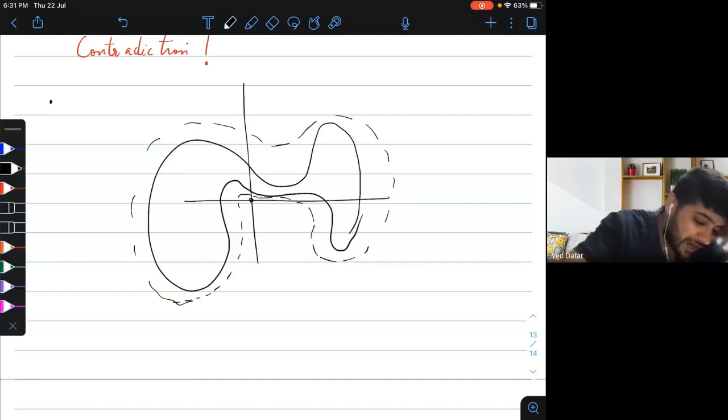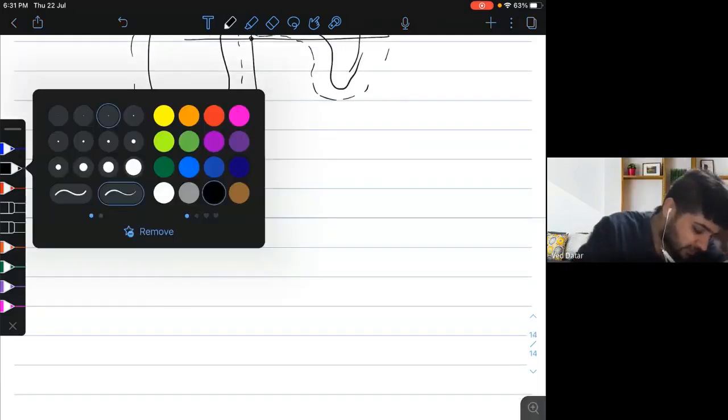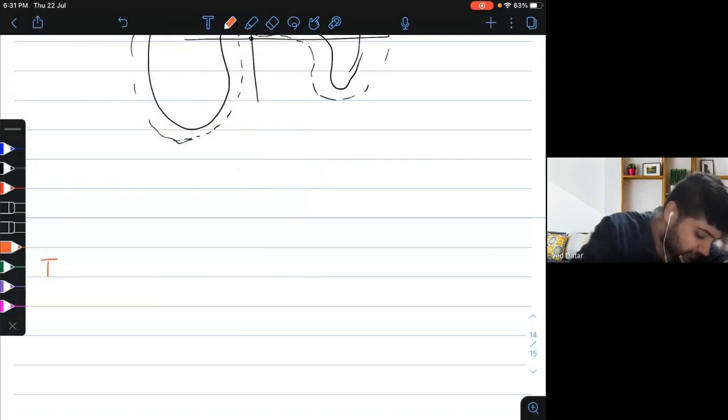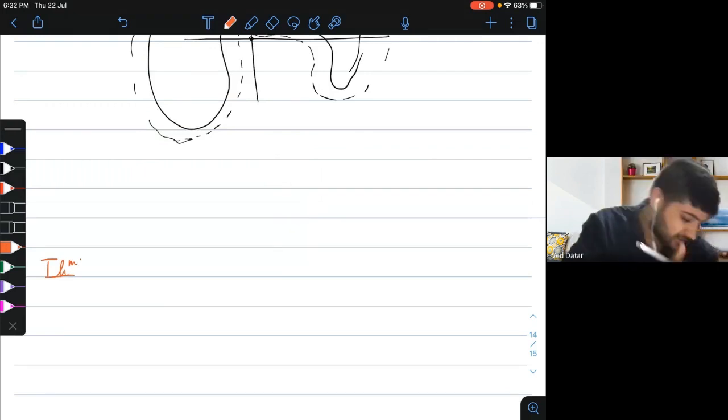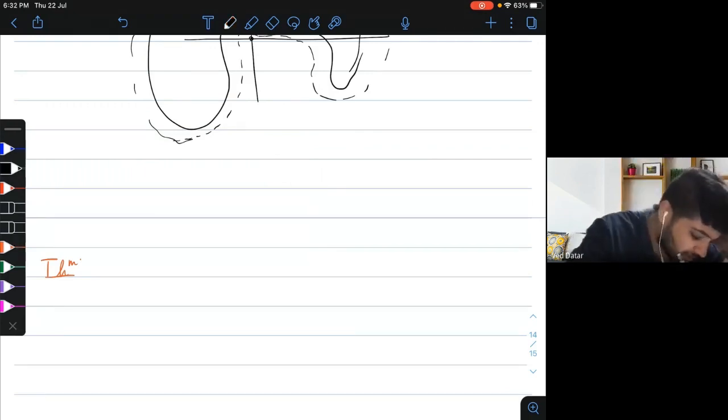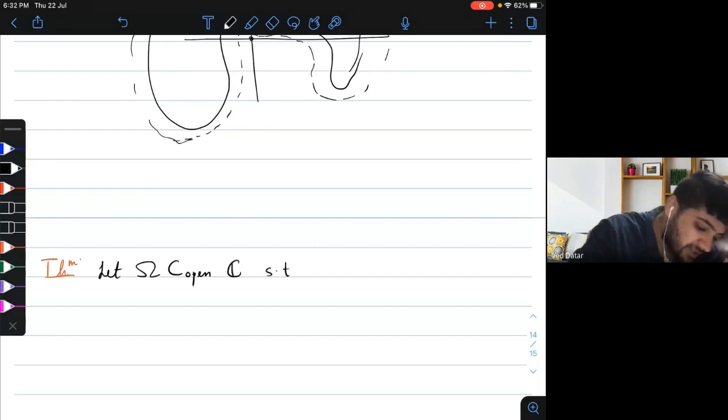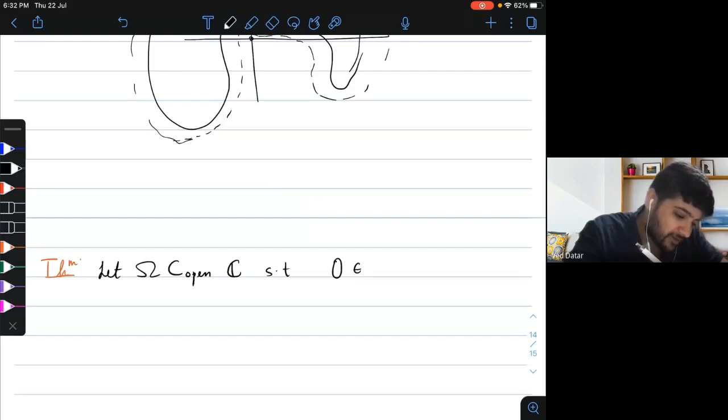Okay, so the actual statement is the following. This is the big theorem which possibly might go back to Riemann. I don't know, but the theorem basically says: let omega be an open subset such that 0 does not belong to omega.